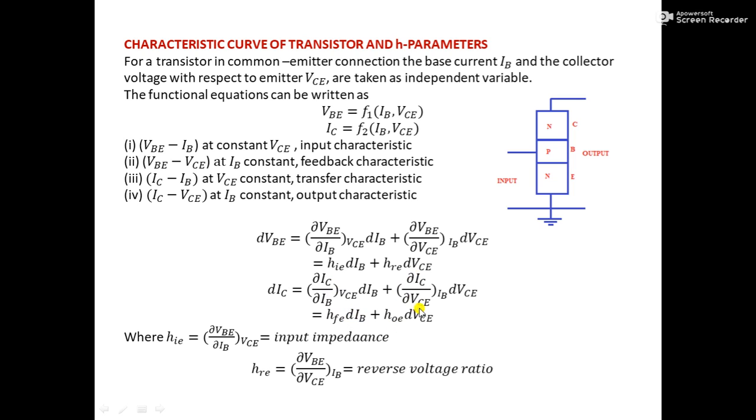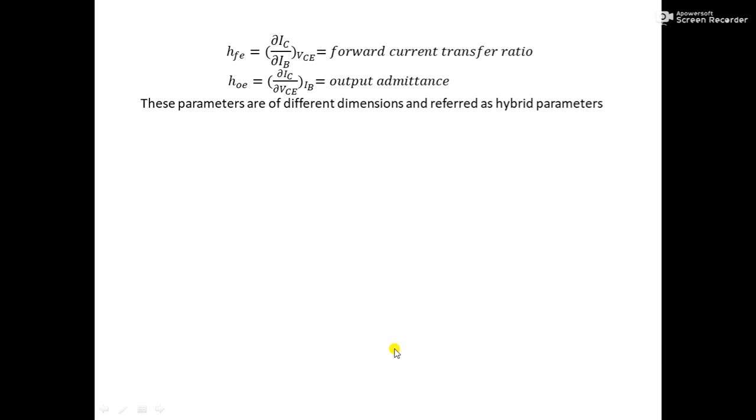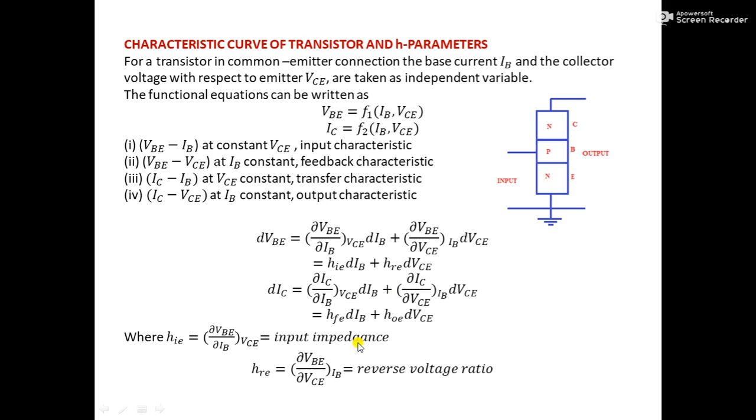And this is the admittance because it is the reciprocal of impedance, current by voltage. We know voltage by current is impedance, so this is the reciprocal of impedance and it is termed as admittance, and we can call it output admittance. The equation can be written as HFE dIB plus HOE dVCE.